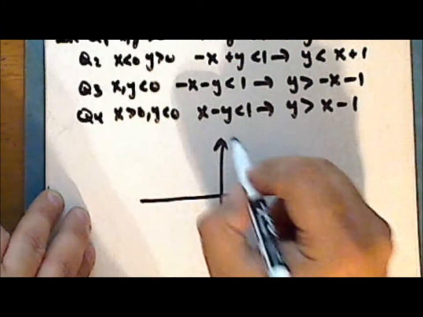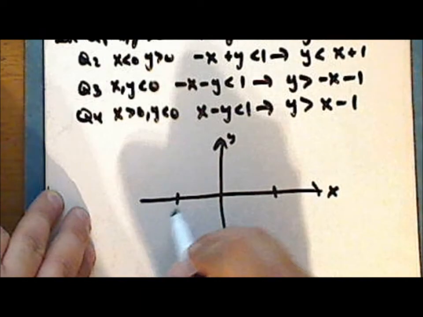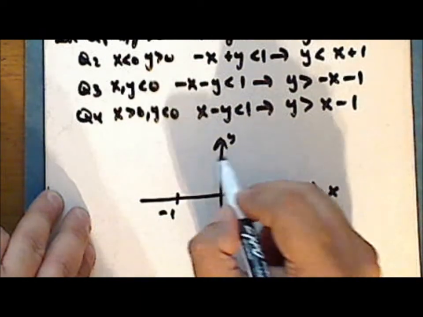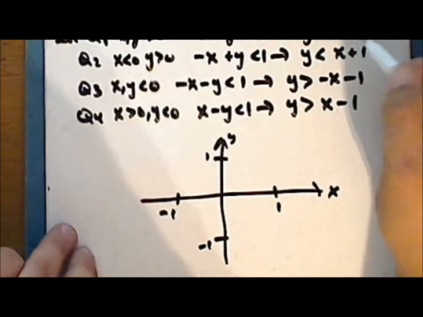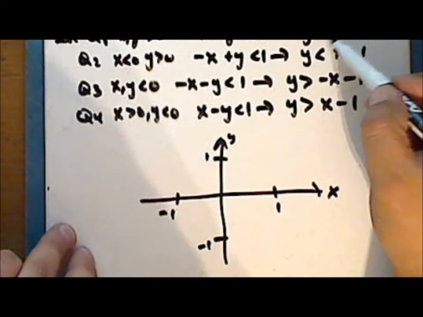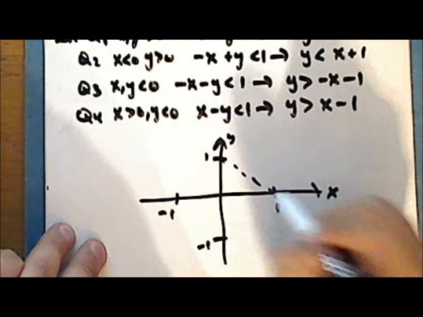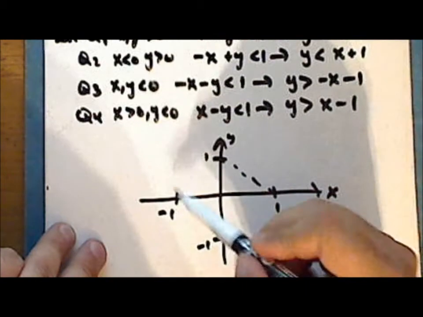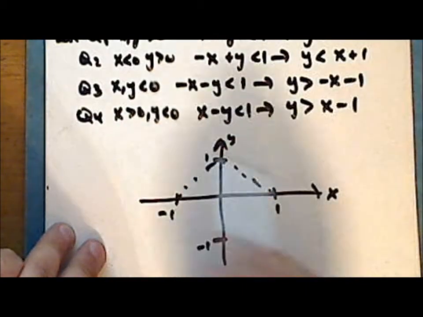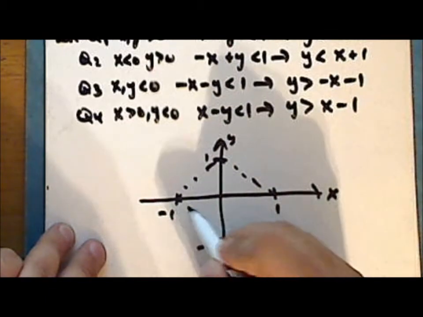So if we now graph: in the first quadrant, we have everything below the line negative x plus 1. In the second quadrant, we have everything below the line x plus 1. In the third quadrant, we have everything above the line negative x minus 1.